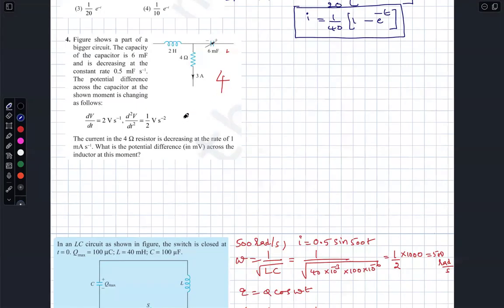Right. The current in the 4 ohm resistor is decreasing at a rate of 1 milliamp per second. What is the potential difference across the inductor at the moment?